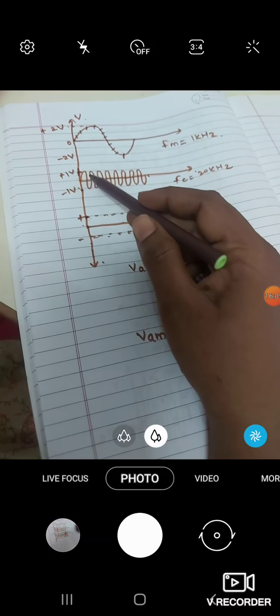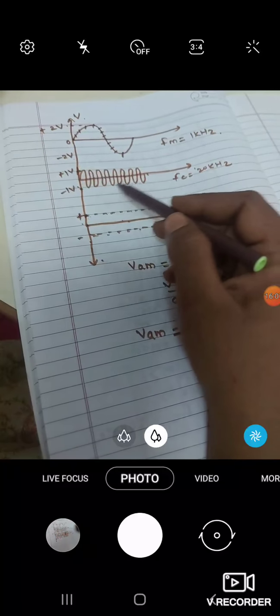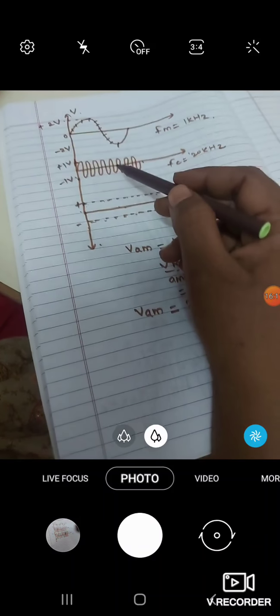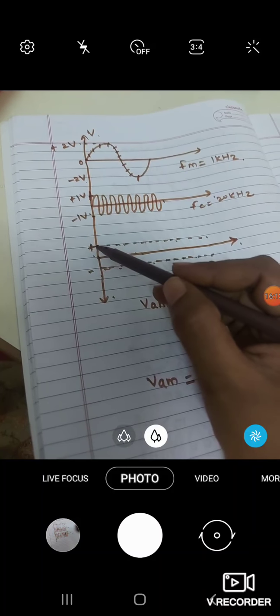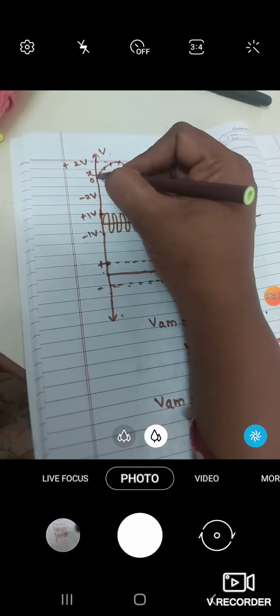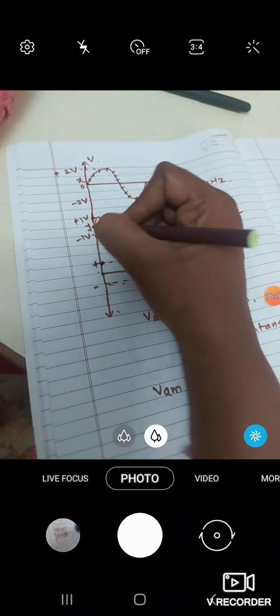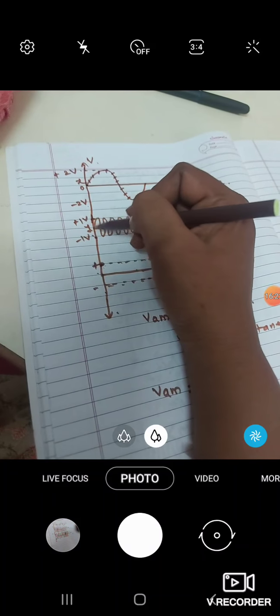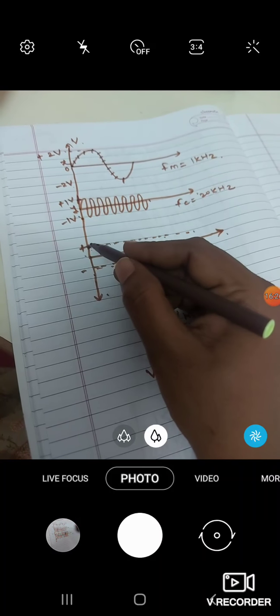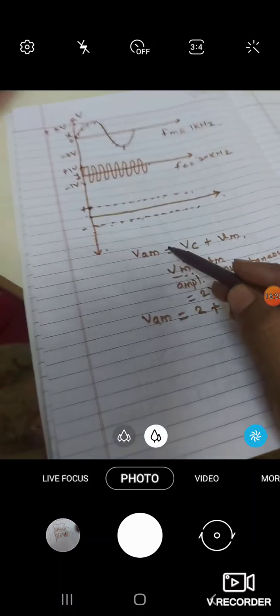So at every point the frequency of the carrier remains the same, the phase also remains the same, only the amplitude changes. Now let us see one by one. At this point, suppose let us say this is point X and this is point Y. Then considering the combination of both, what value will I get here for this amplitude modulated signal?